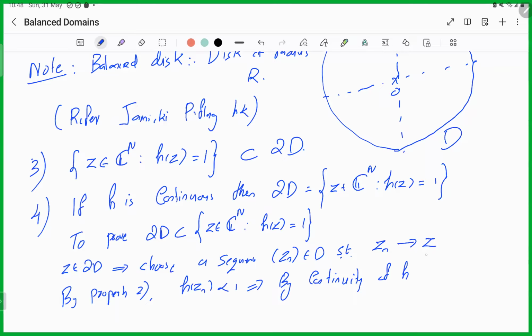Z is in the boundary, not in D. So by continuity, we can say that h of Z is greater than or equal to 1. But since Z is in the boundary of D, h of Z must be equal to 1. Okay, let us go to the next property.